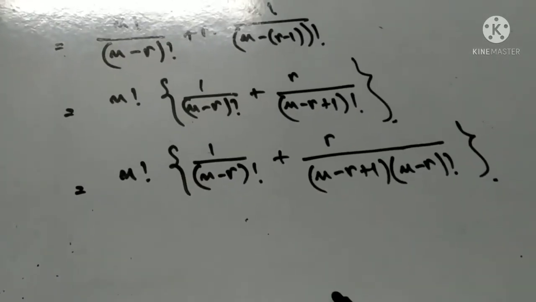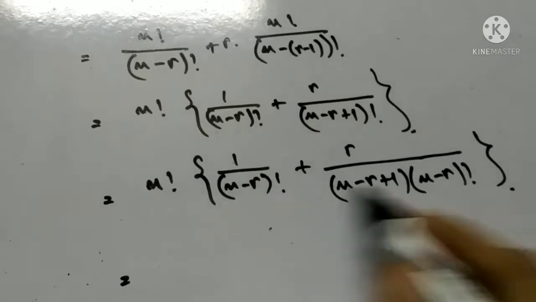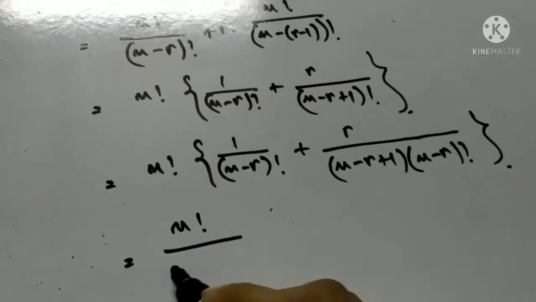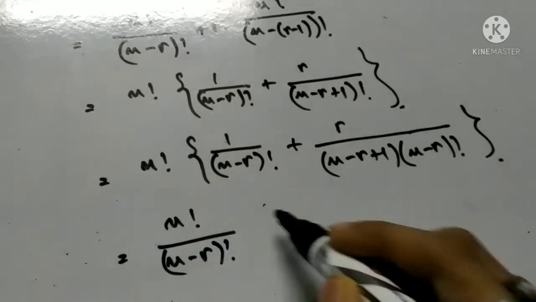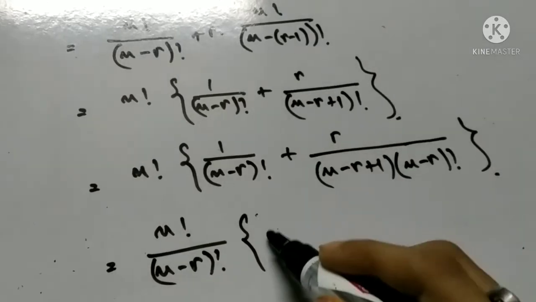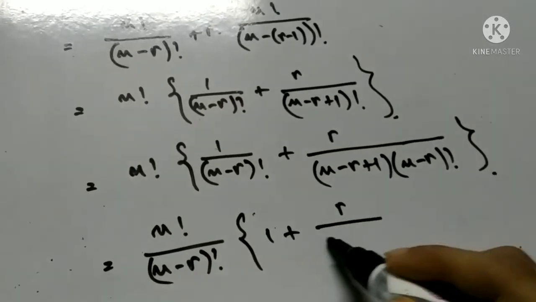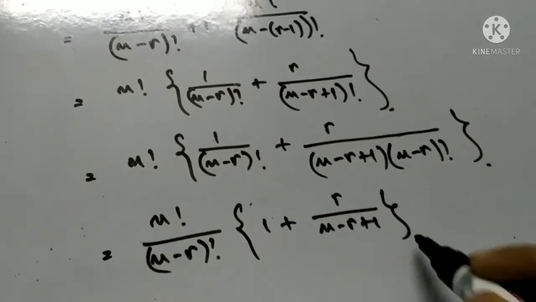So from here I can take n factorial by (n minus r) factorial common.